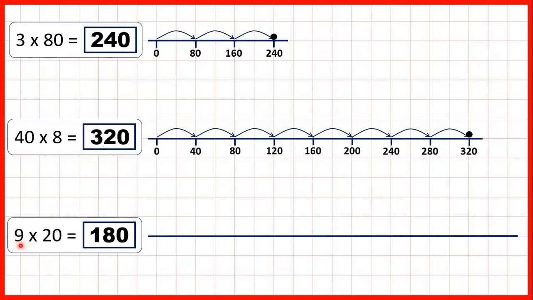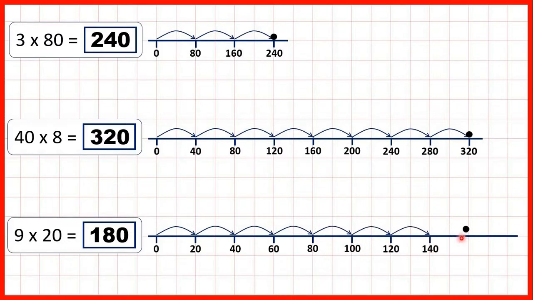And finally, we had 9 times 20. So if we count in steps of 20, we get 20, 40, 60, 80, 100, 120, 140, 160, 180.